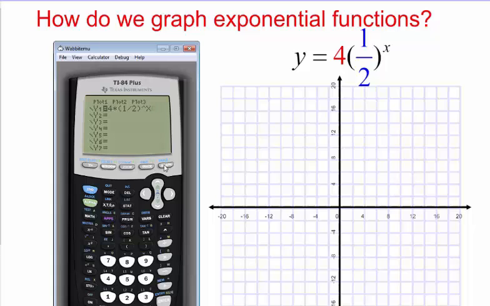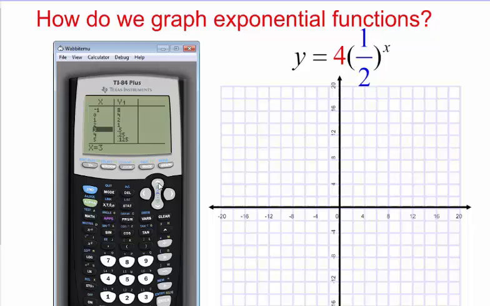I'm again going to look at my table and notice how this time all my negatives are super high numbers. You see that? And then everything that's positive keeps getting smaller and smaller. So this is an example of an exponential decay.